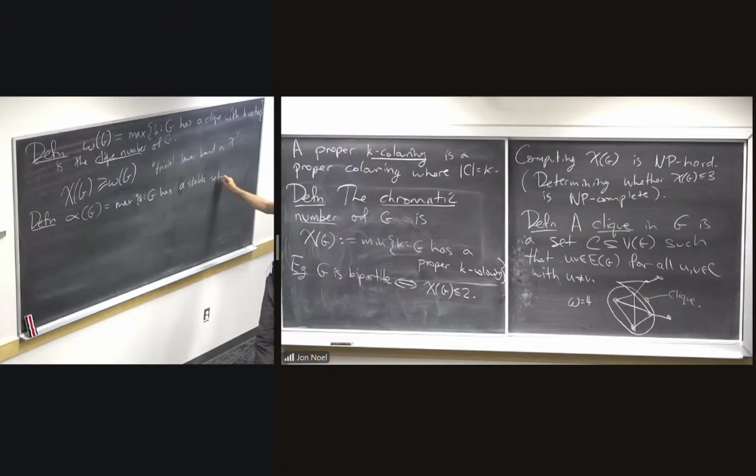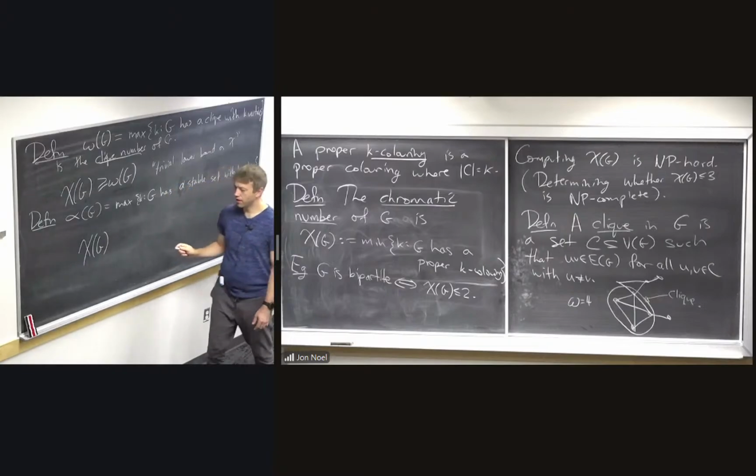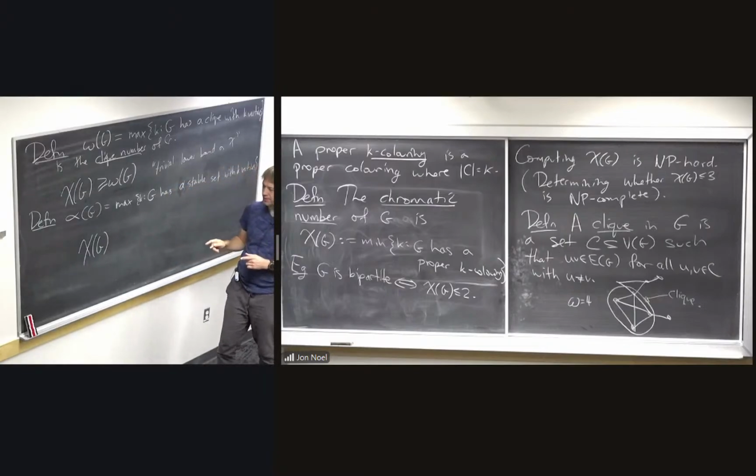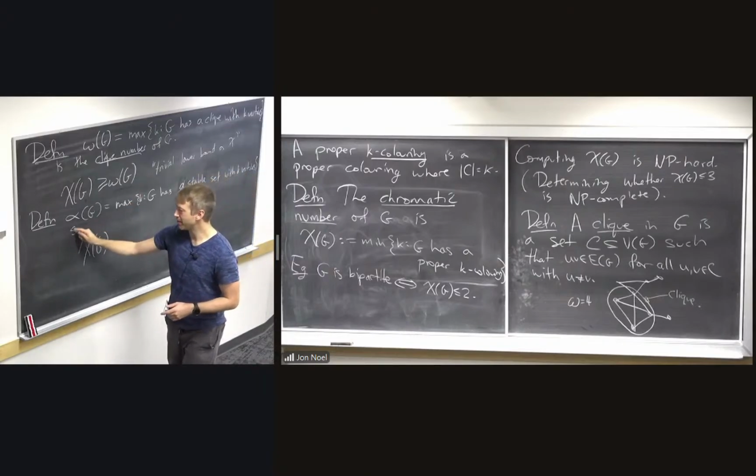A stable set is an independent set, right? So now I want to get some kind of relationship between the chromatic number and this. This is the stability number.